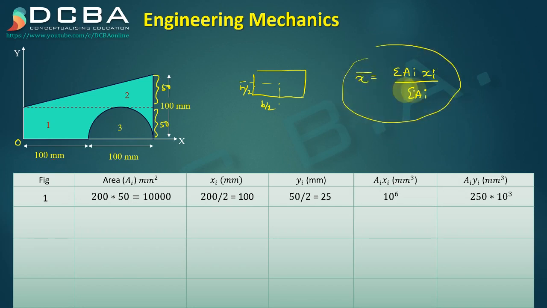I need my Ai for the summation of Ai, so every individual area I need, therefore this first column. Then I need this xi because I have to multiply this xi with Ai so that I get AiXi, right? And then at the end we'll be taking the summations of all of them, so we'll automatically be getting summation of AiXi and summation of Ai.